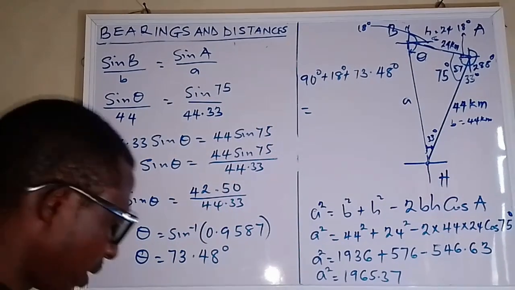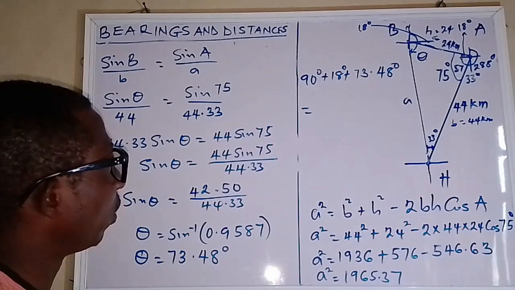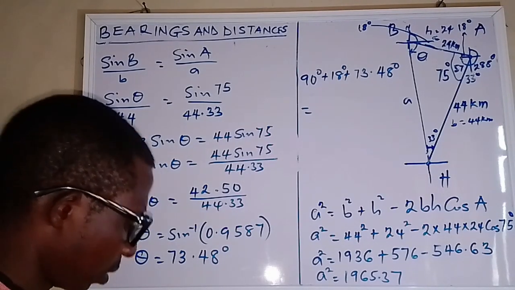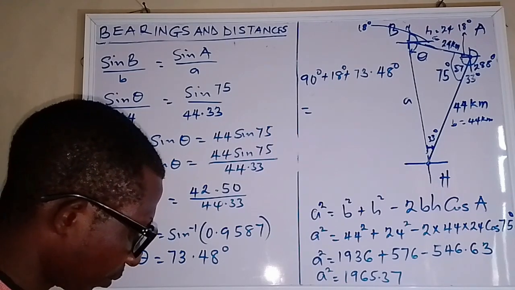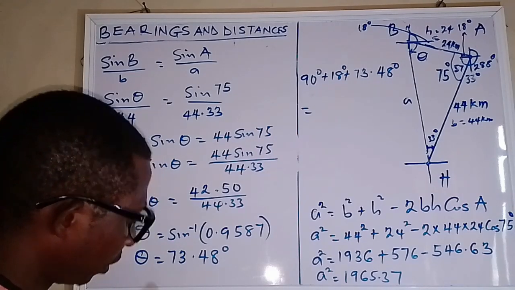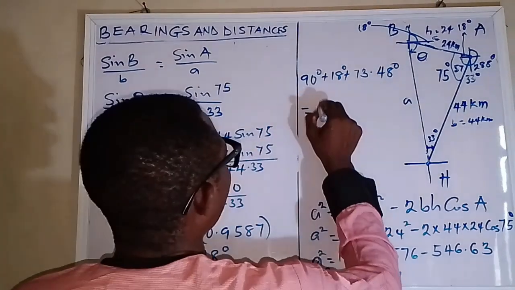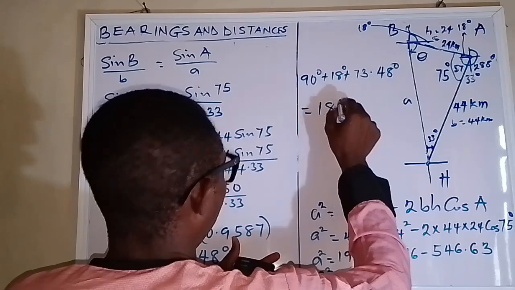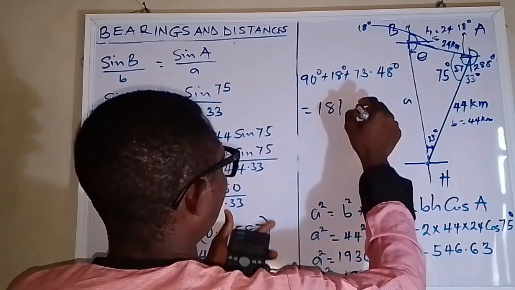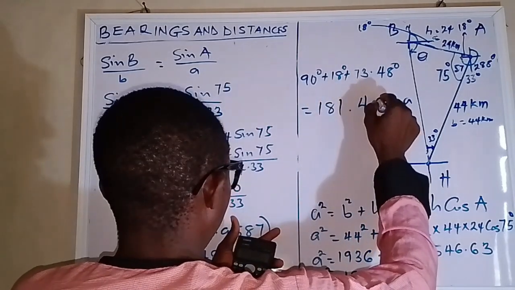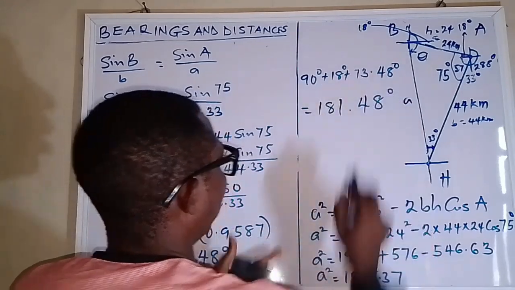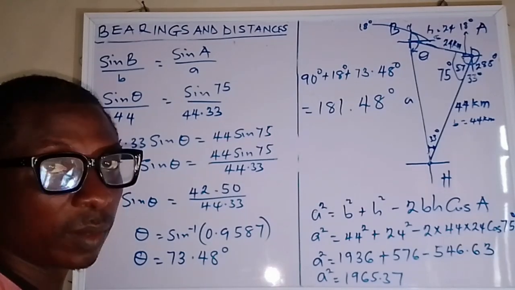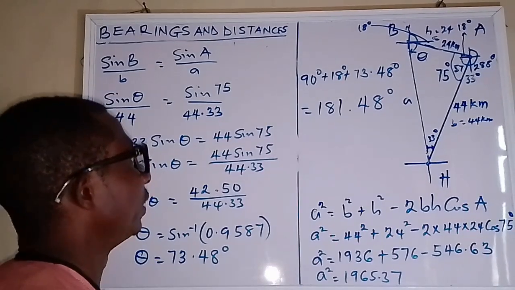So the bearing will now be plus 18 plus 90, so we have 181.48 degrees.